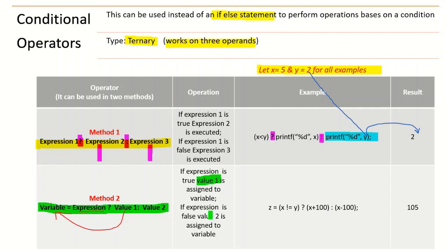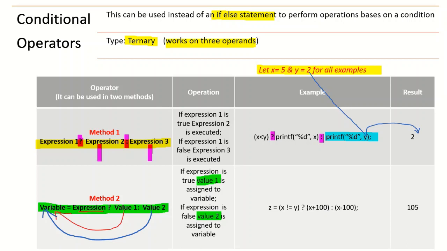If the expression is false, value 2 will be assigned to the variable.